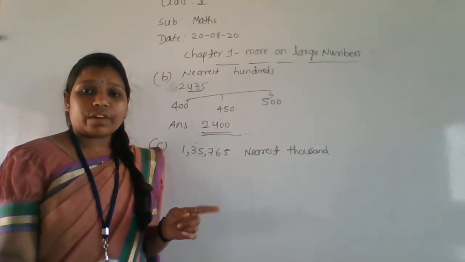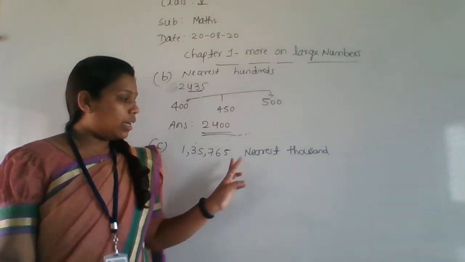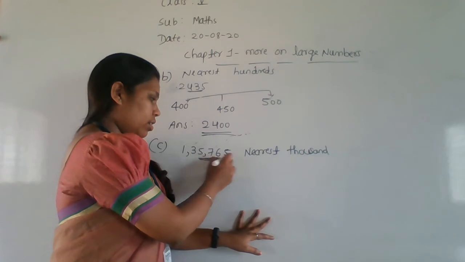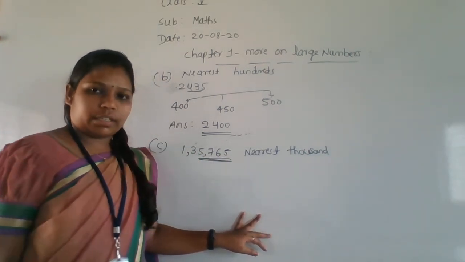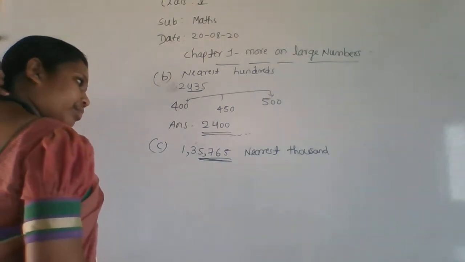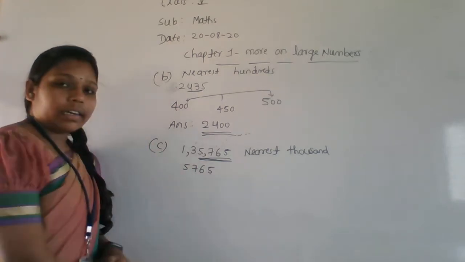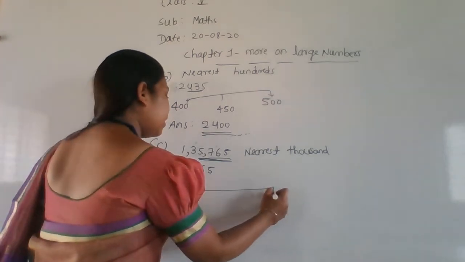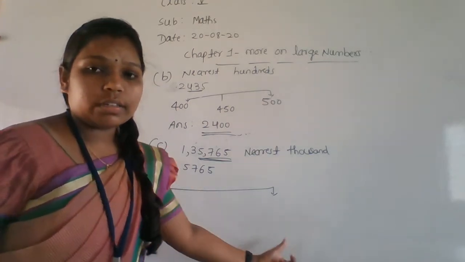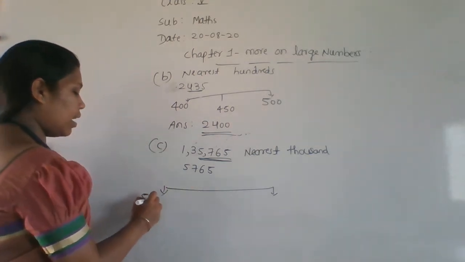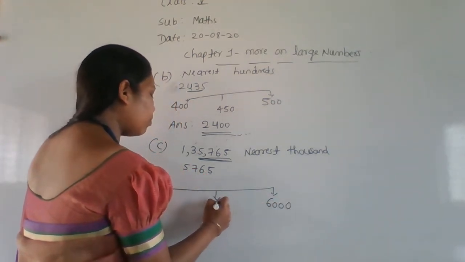Nearest thousand value means what we have to take here? Last four values, because 5 is in the thousand place, right? From that you have to take the values here. Okay, so that is 5,765 there. And now between which numbers does it lie? It lies between 5,000 and 6,000. Okay, 5,000 to 6,000. Okay, the middle value is what here?